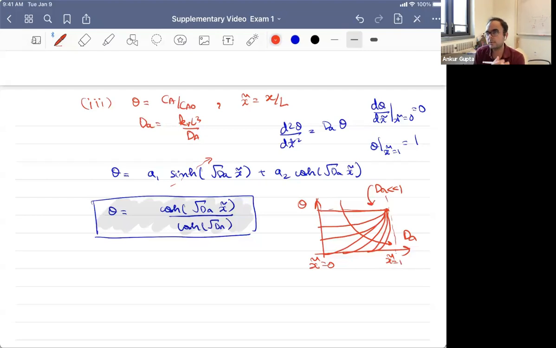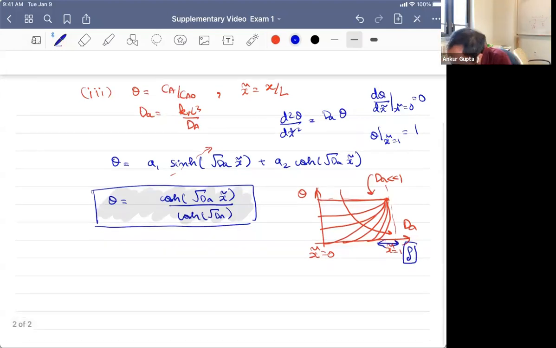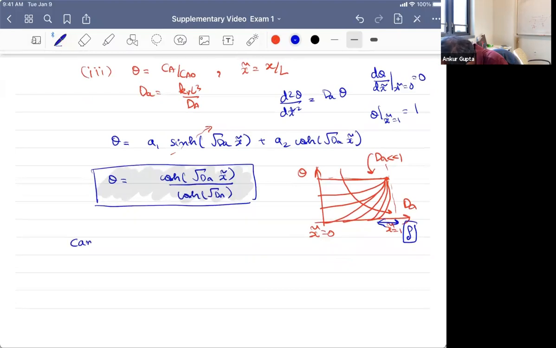Now a question that one may want to think about here is, scaling wise, what is this boundary layer thickness delta? Can we estimate the boundary layer thickness?